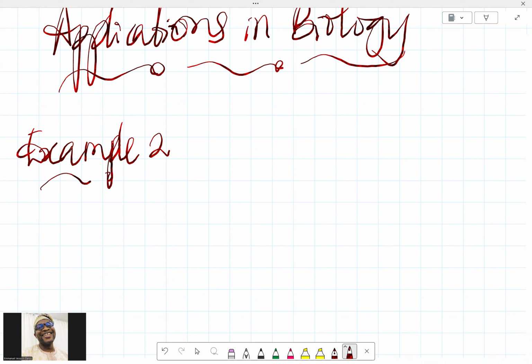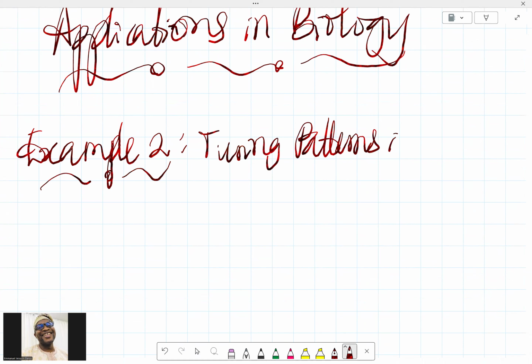This example 2 will consider Turing patterns in morphogenesis. Alan Turing, a computer scientist, one of his last interventions in science was about pattern formation. So, Turing patterns in morphogenesis.